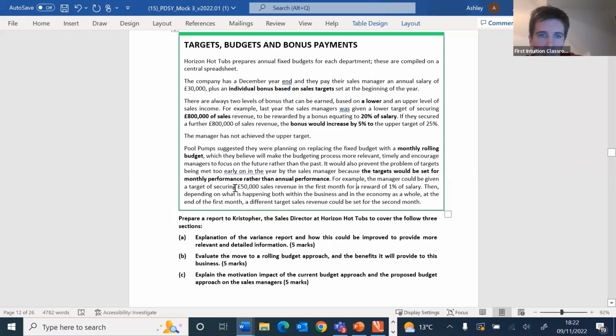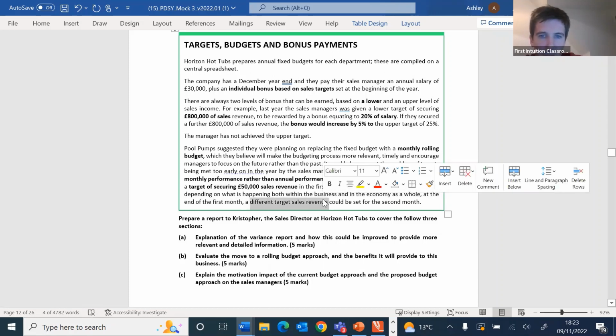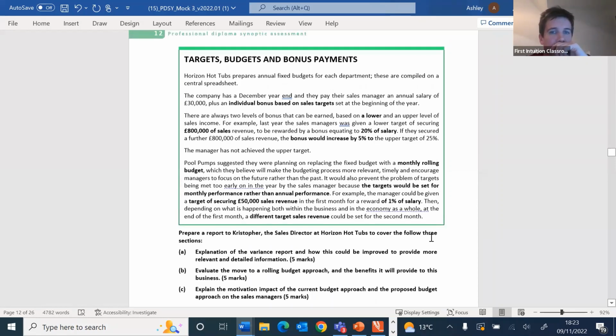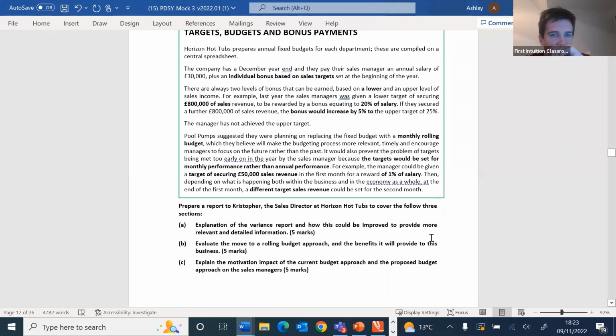For example, they could set a target of £50,000 in sales revenue, and the reward would be 1% of salary. And then in the next month, they'd look at the economy, they'd look at any external factors, and there would maybe be a different target revenue. So they would basically keep adapting, as a rolling budget does, the targets based upon any external factors.